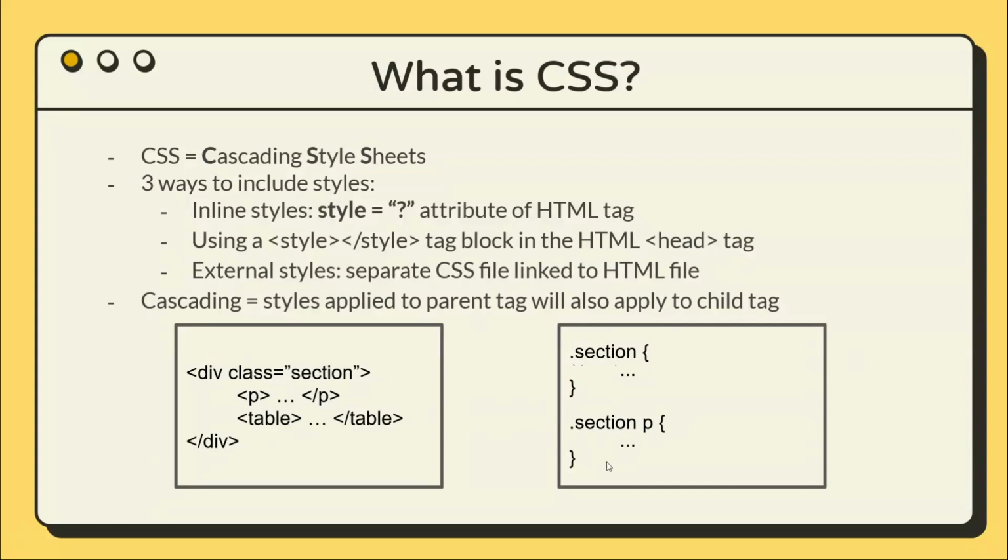We can then override that style by specifying the paragraph element of the section class. And this is just scratching the surface of CSS. You can do a lot with it, but this is what CSS is.